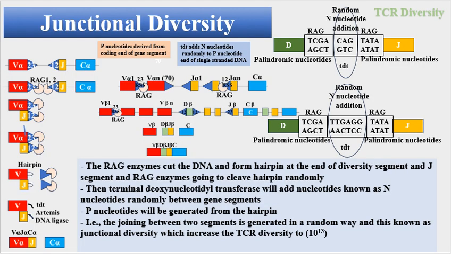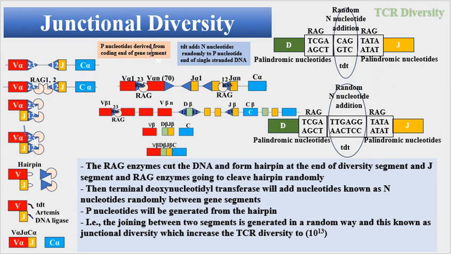And this is actually very clear here, as can be seen here: this is the gene and these are the coding ends where RAG enzymes cleave and then add palindromic nucleotides, and then the deficit in the gene will be buffered by random addition of N nucleotides by terminal deoxynucleotidyl transferase.